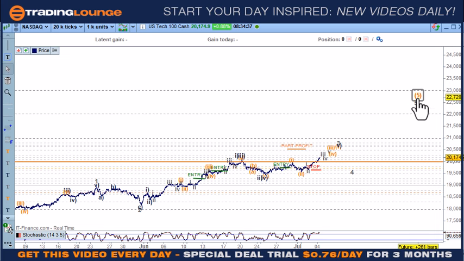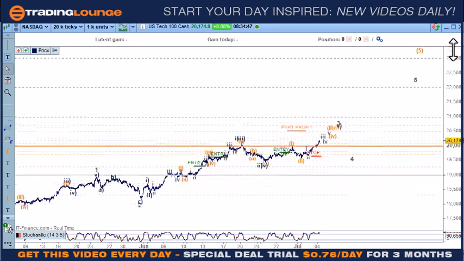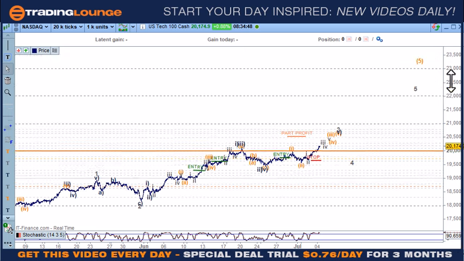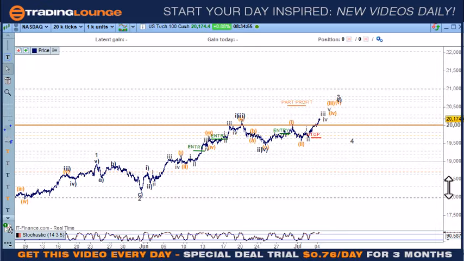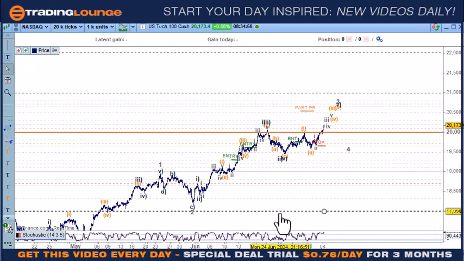We know that we don't particularly want to go too far above this area around the 22,000 here. Otherwise this wave 5 is going to be longer than wave 3, and that's a bit of an issue. So just pointing that out before we get there, and we'll see how we go.